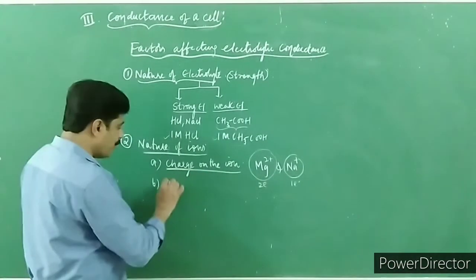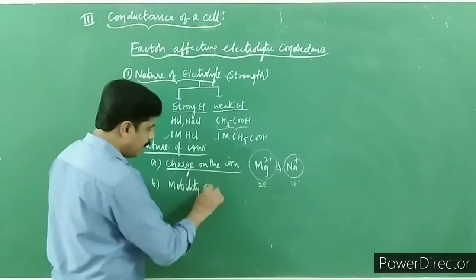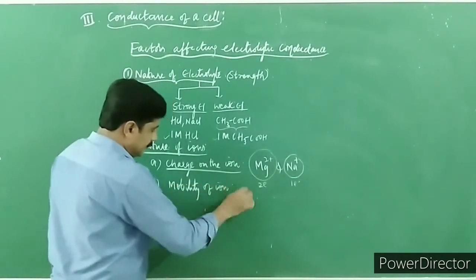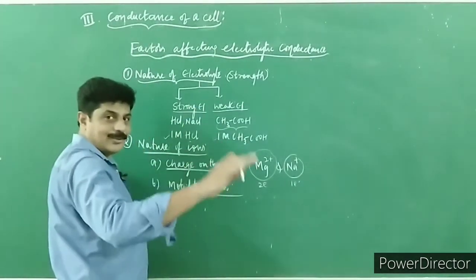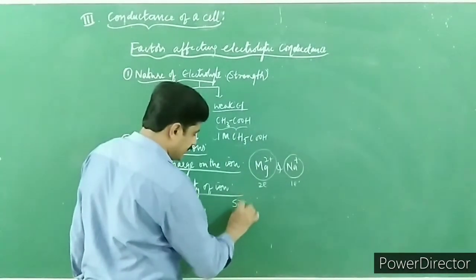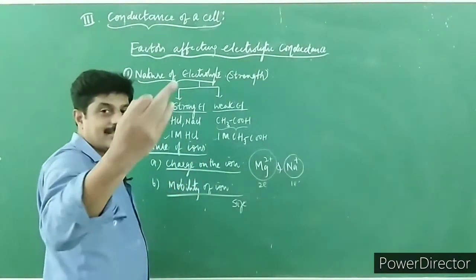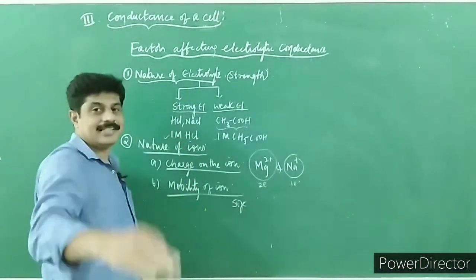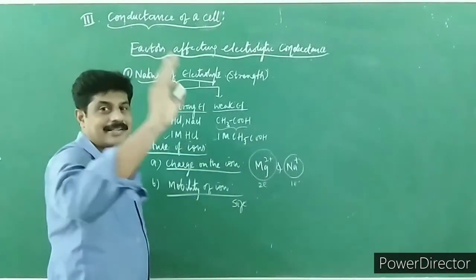Second one, we have mobility of ion. What is that? Mobility of ion. Children, the mobility of the ion in the solution depends on the ionic size. That means the higher the ionic size, the lesser is the conductance. The lesser the ionic size, the more will be the conductance.